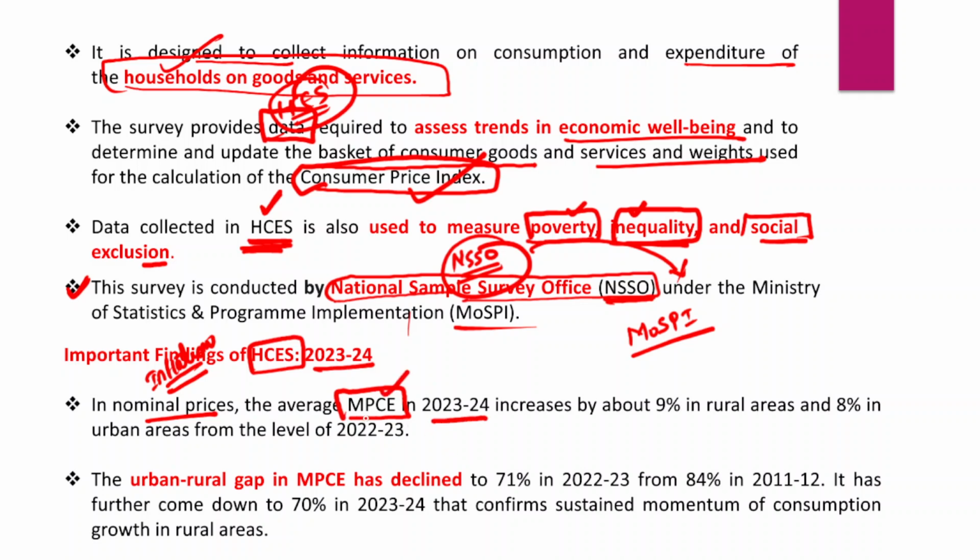monthly per capita expenditure, MPCE, in 2023-24 increased about 9% in rural areas and 8% in urban areas from the level of 2022-23. This indicates that the monthly per capita expenditure of people living in both rural and urban areas has been increasing. That means there is a higher level of inflation.